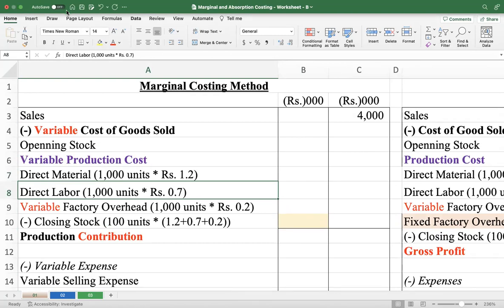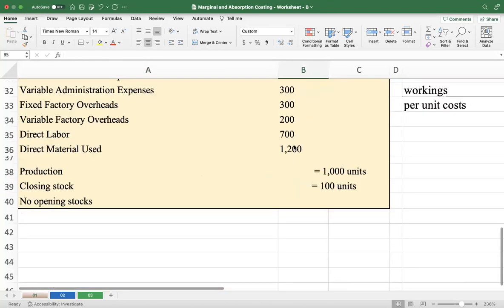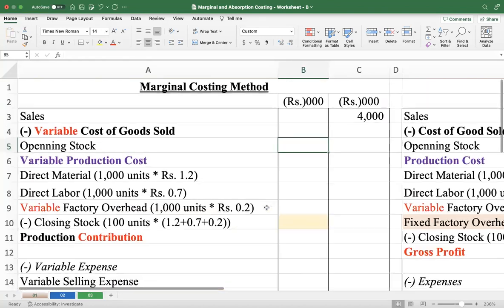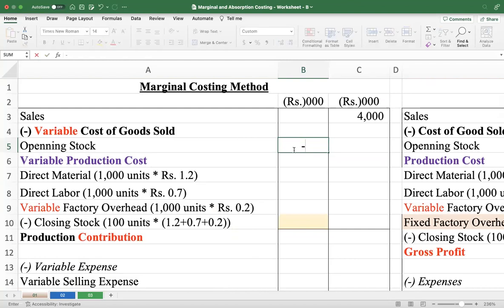So now let's find out the variable cost of goods sold. Here in the question, do we have any opening stock? No. They say no opening stock. So you can put it like this. Then next, we have to find the variable production cost.